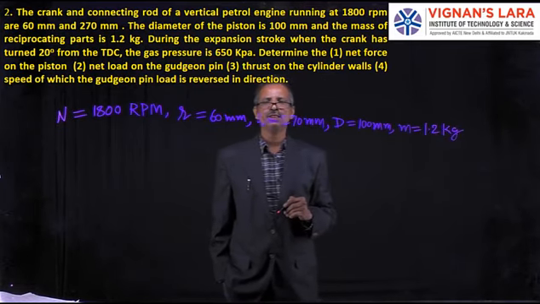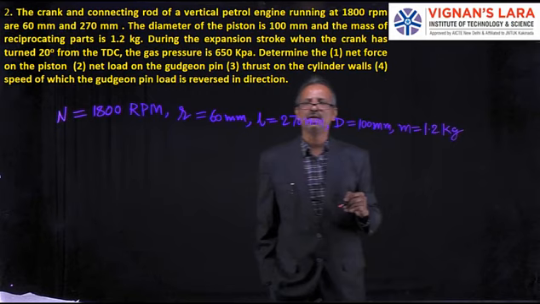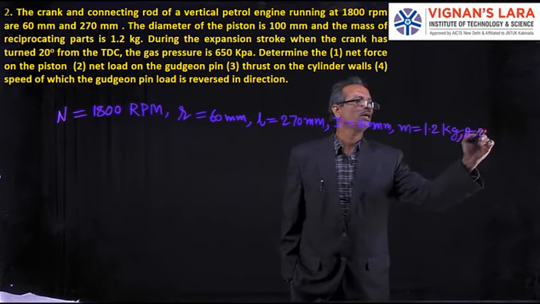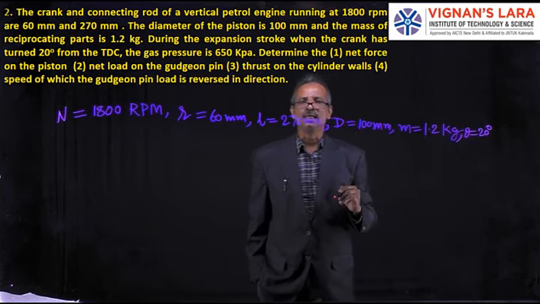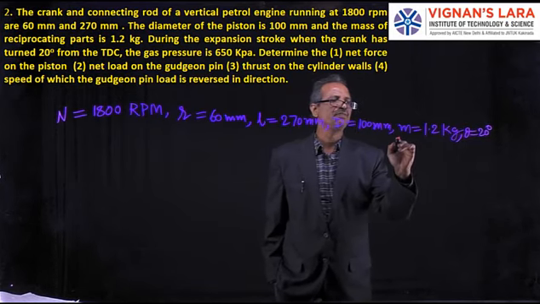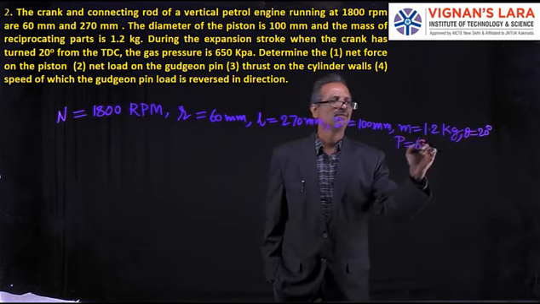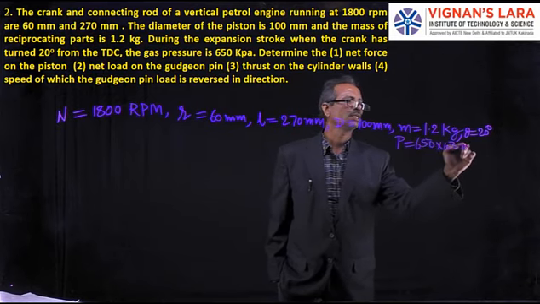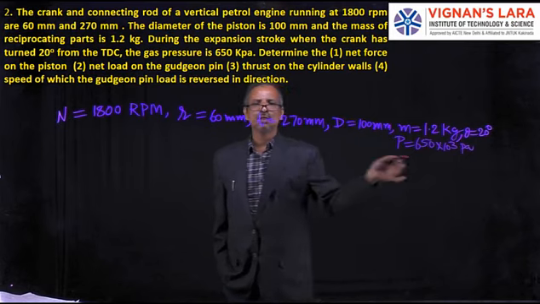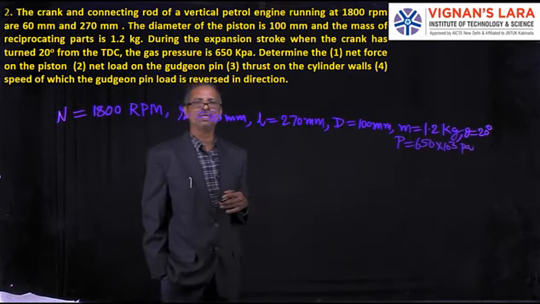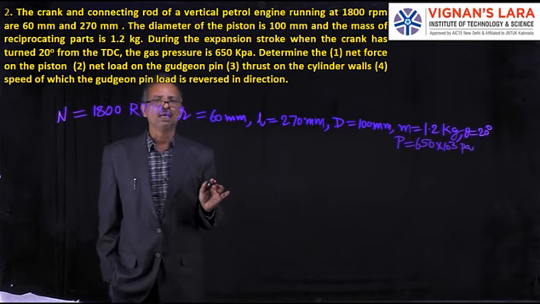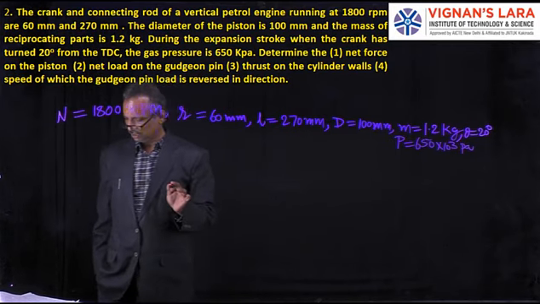During the expansion stroke, when the crank has turned by 20 degrees from TDC, the gas pressure is 650 kilopascal, that is 10 power 3 Pascal. I will put everything in terms of meter. First, I need the net force on the piston.